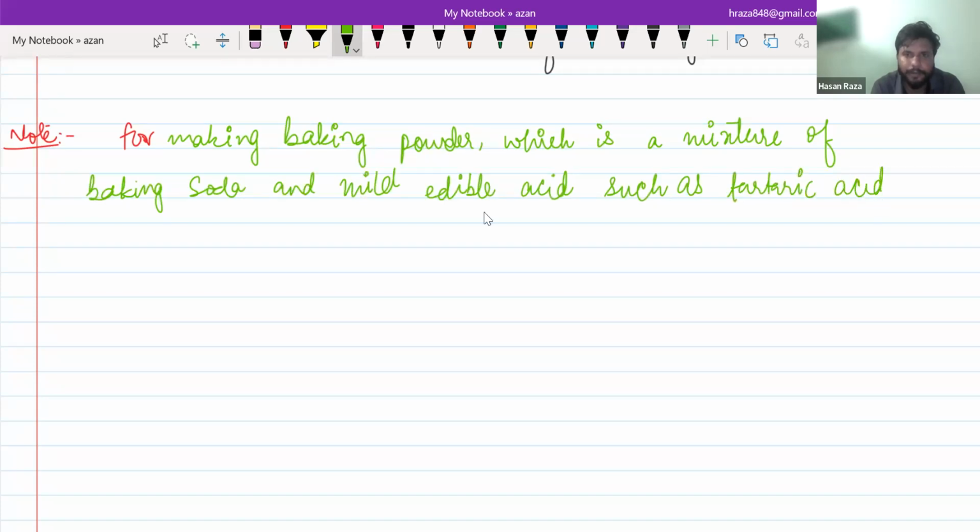Now, when this baking soda is heated in the presence of water, see what we will get.